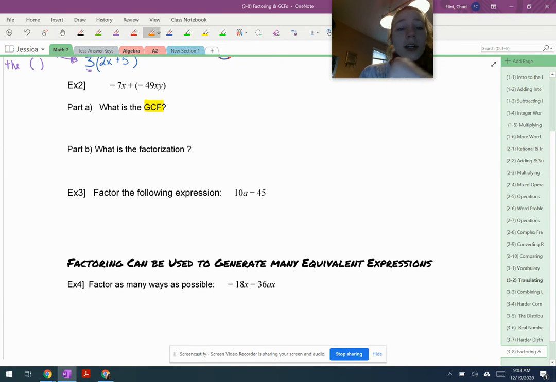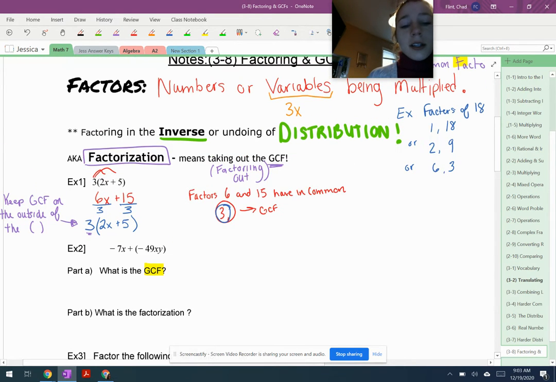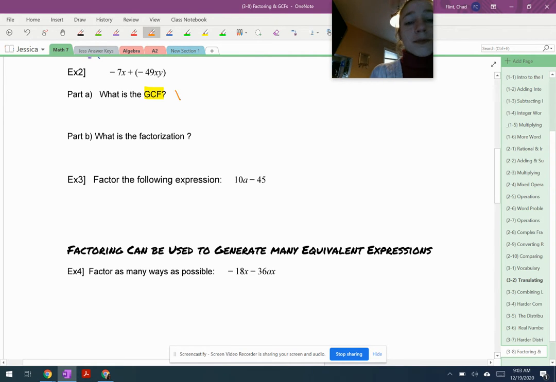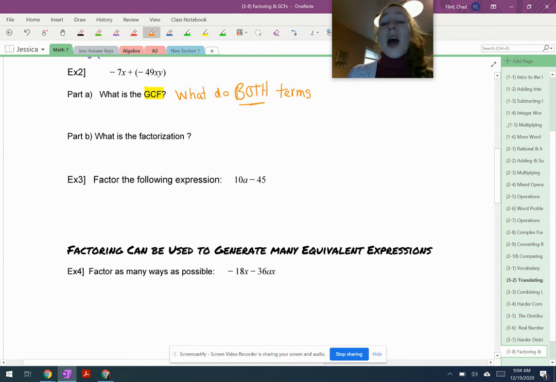So if I look at those two pieces, I'm looking to see, when it's asking me what the GCF is, it's asking me what do both, keyword, both pieces, and actually instead of calling them pieces, we're going to use the real word for them and call them terms because big words make us sound smart.